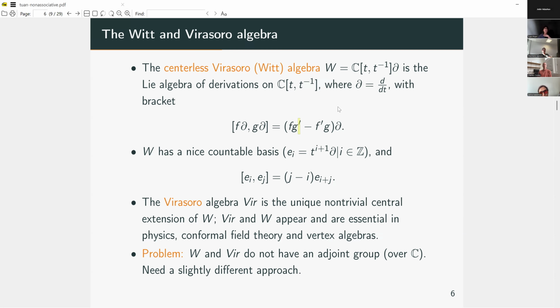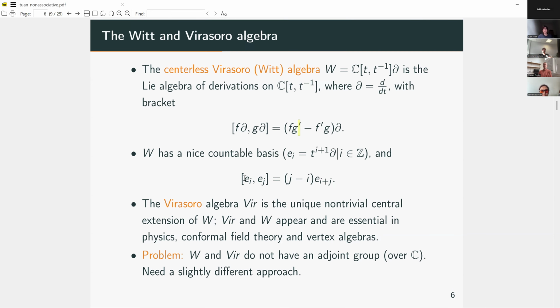So W has a nice countable basis, where I let e_i be t to the i plus 1 times del, where i ranges over all integers, and the Lie bracket of e_i and e_j is (j minus i) times e_{i+j}. So the bracket has a particularly nice form in this basis.